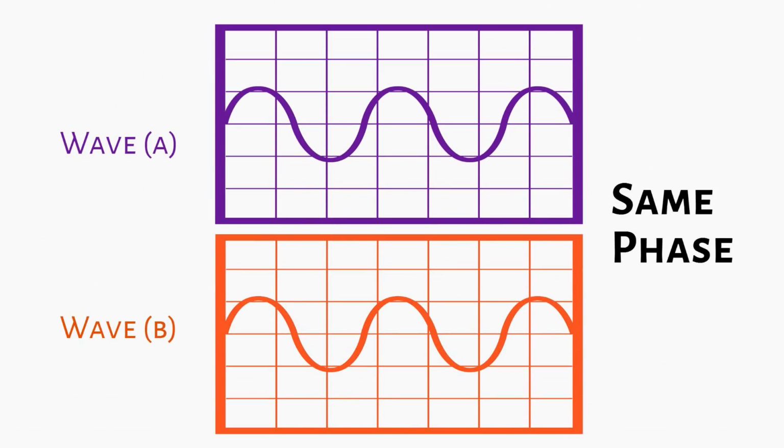Here are two waves, wave A and wave B, which are in the same phase. Let the amplitude of wave A be A1, and the amplitude of wave B be A2. Notice these waves are in the same phase.